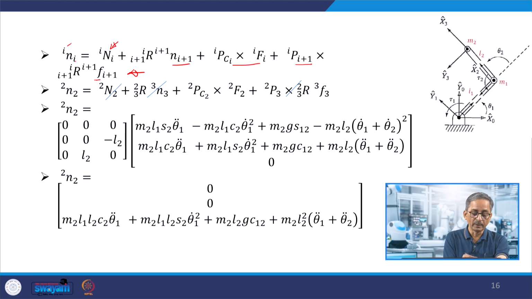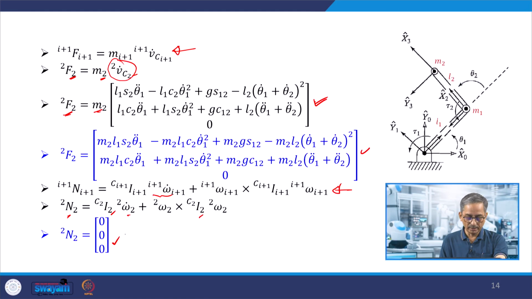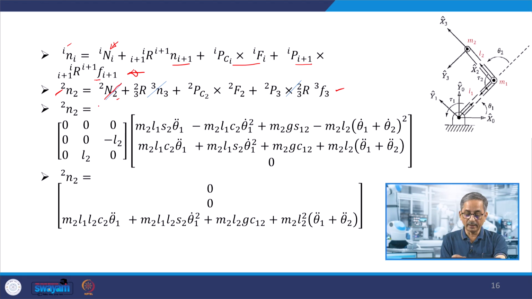So, let us put i is equal to 2 here. So, this is n2, this thing. So, this is what we are going to have, this equation. Now, here you see this we have evaluated to be a null vector in the previous slide, and I am assuming that there is nothing acting at the tip, no moment is acting at the tip here.